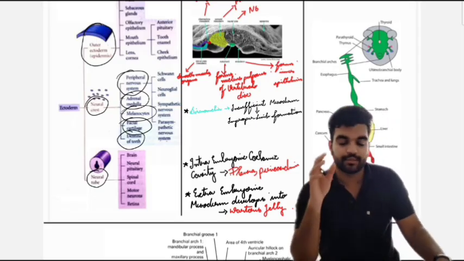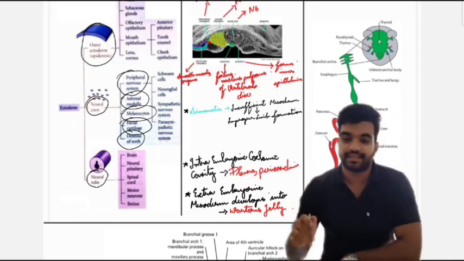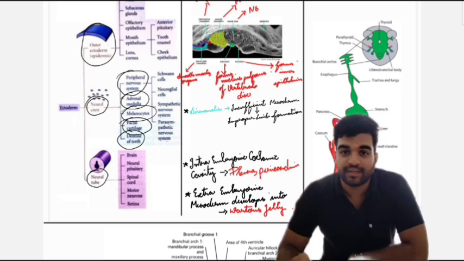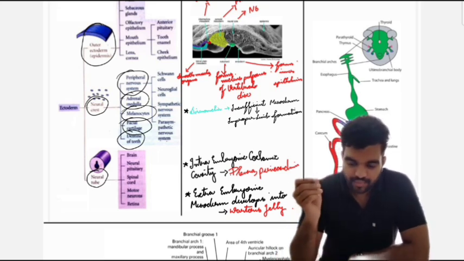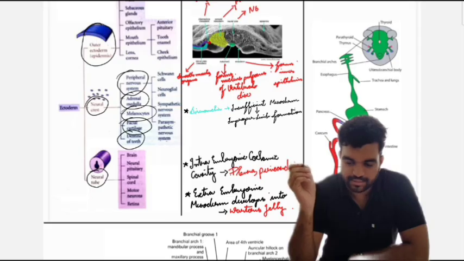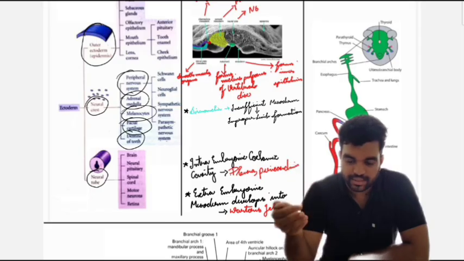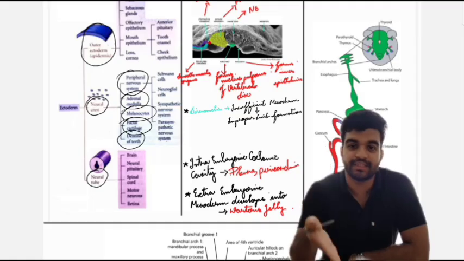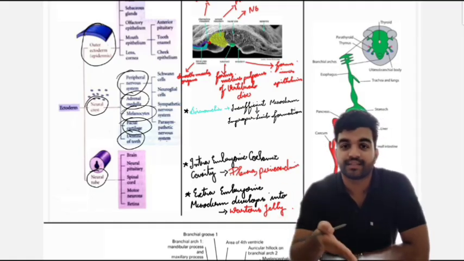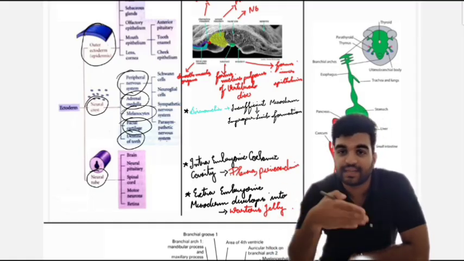Then you will be questioned, for example, when you're sitting in a competitive exam, whether it might be INI or NEET. More in INI, these types of questions will be asked. That is, what germ layer was the gastrointestine formed from? It was mesoderm, right? They're not asking about the inner lining.